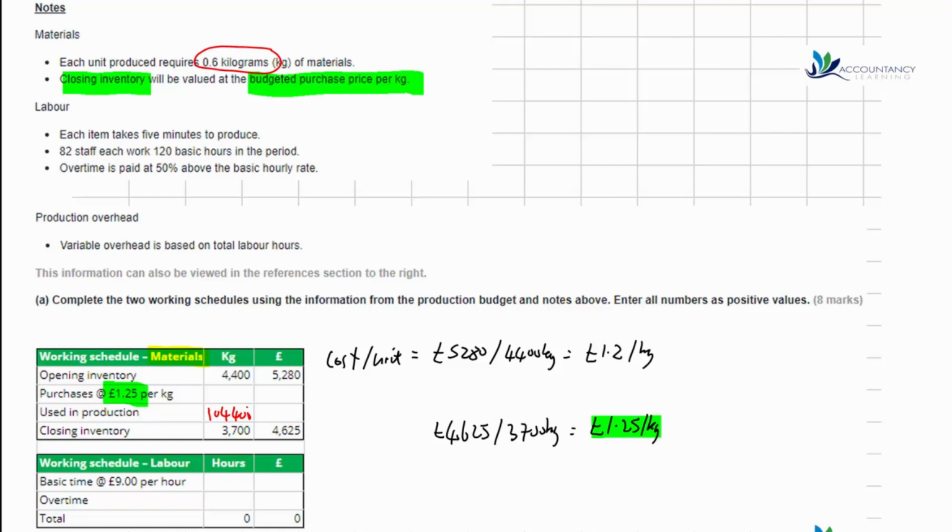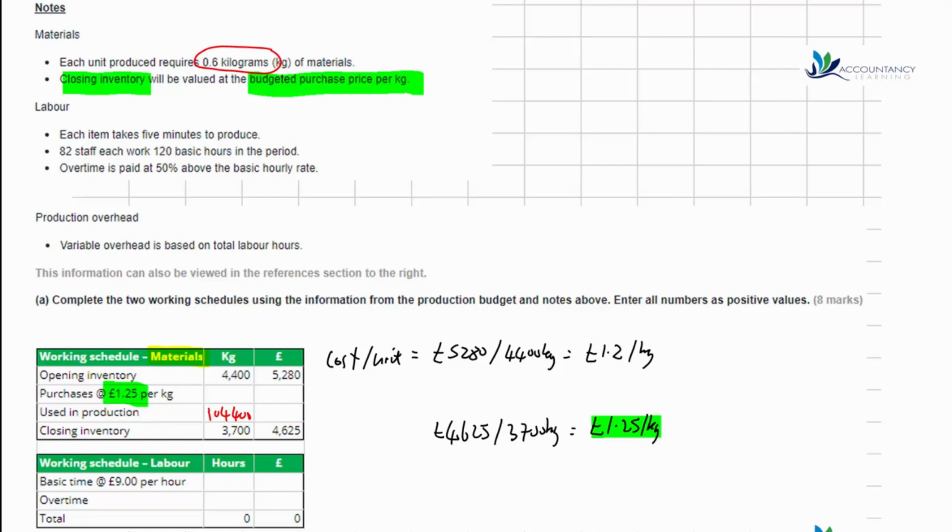So now that we know how much we use in our production and we know how much is in closing inventory, that can tell us how many purchases we made. We started the year with 4,400 kilograms and purchased some more, and then that would give us a total of available kilograms, from which we used the 104,400 in production, and then we're left over with 3,700.